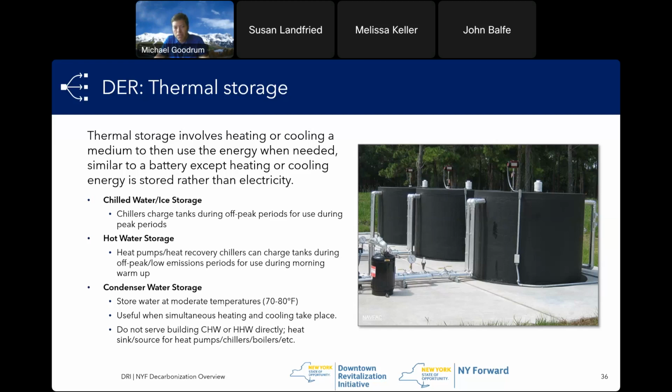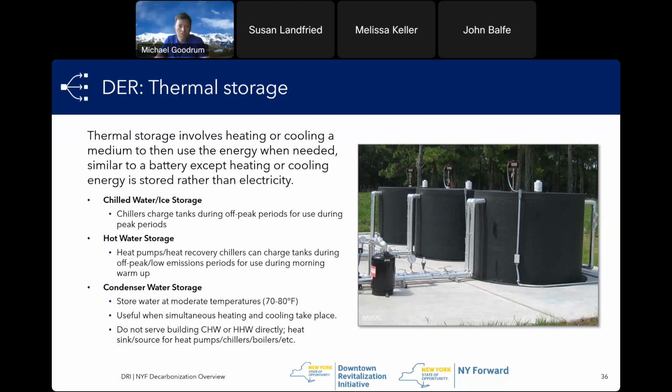It involves quite a bit of engineering design, so you should definitely bring in a professional that is familiar with thermal storage systems, and could design one that will work well and can overall reduce your energy costs, reduce your emissions, and help maintain the building at a comfortable temperature. And we talked about the resiliency before, similar to the battery storage, right?